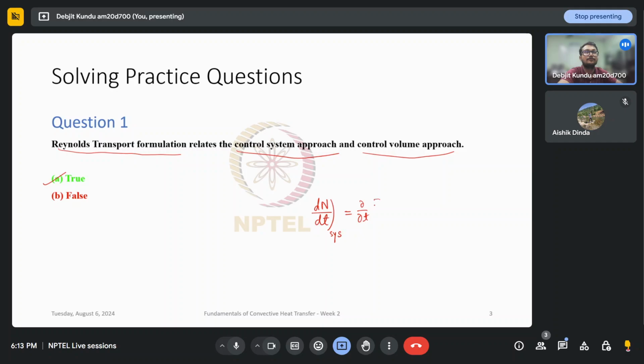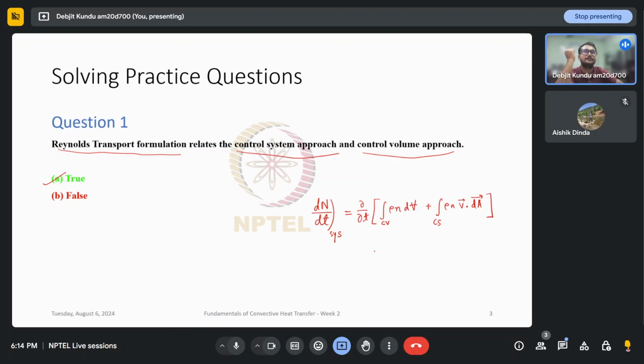We have the partial derivative with respect to t of the integral of rho small n dV, where V is the volume, and this integral is over the control volume, plus an integral over the control surface that goes like this, rho n v dot dA. This takes care of the fluxes across a control volume.